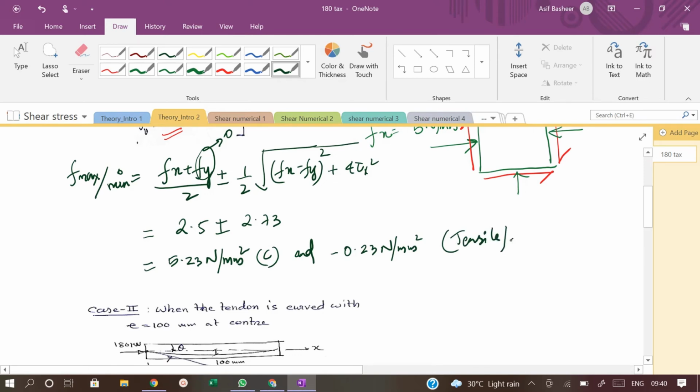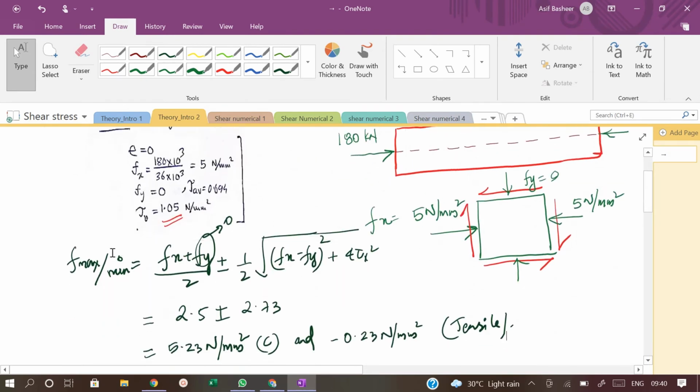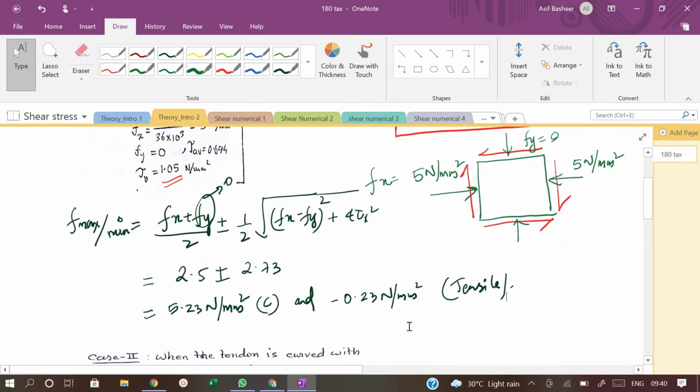That is, there occurred a maximum and minimum principal stress, and the maximum value for the principal stress is 5.23, which is compressive in nature, and the minimum value I got is 0.23, which is tensile, and this 0.23 will be within the permissible tensile carrying capacity of the concrete, which means it won't create any tensile crack. Is it fine? Now that is the first case.